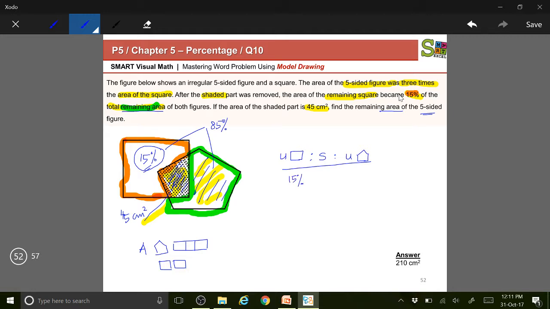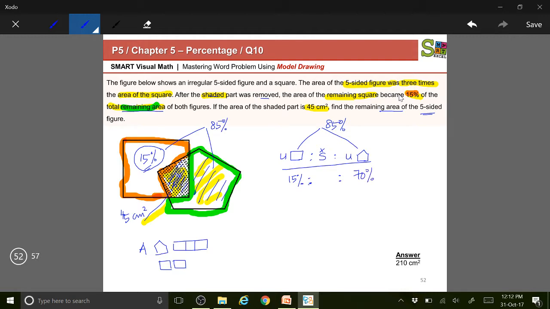They mention that after the shaded is removed, so we are excluding this shaded area. So these two, when we add together, become the both unshaded area, 85%. So from here we would take 85 minus 15. The unshaded area for the five-sided figure will be 70%.